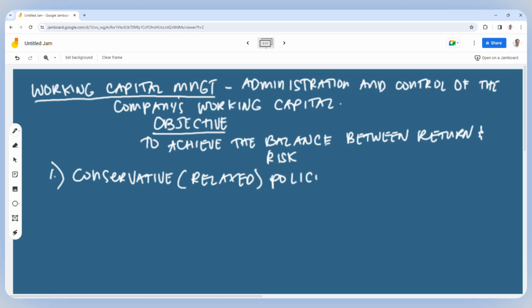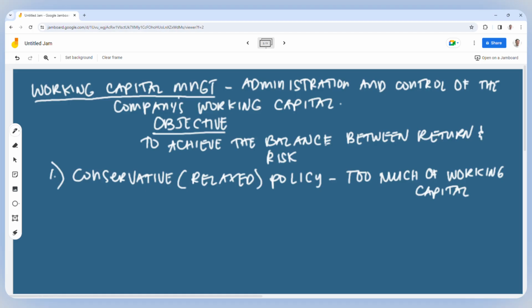What do you mean, class, of conservative or relaxed policy? The operations of which are conducted with too much working capital. Ibig sabihin, napakadami nating working capital.